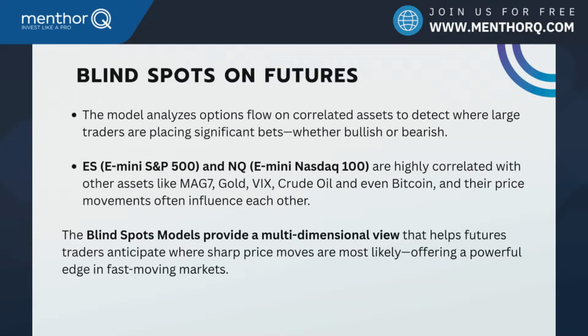This option activity can reveal hidden market expectations beyond what price alone can show. So for example, if you're trading the ES, S&P 500 contract, or the NQ, they are highly correlated with assets like the Mag 7 companies, gold prices, VIX, crude oil, and even Bitcoin. So understanding the correlation between these assets can be very important.